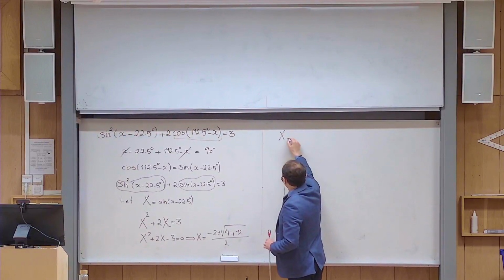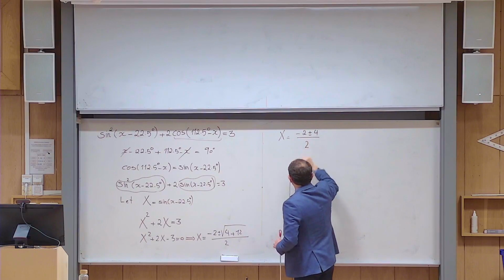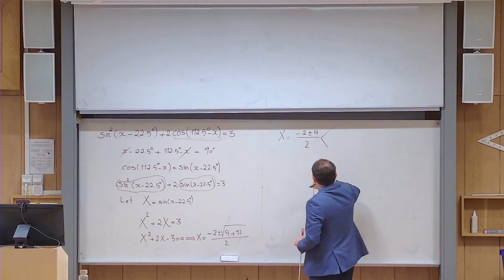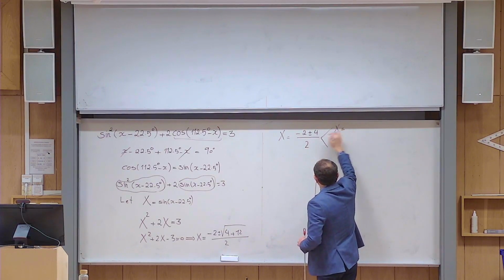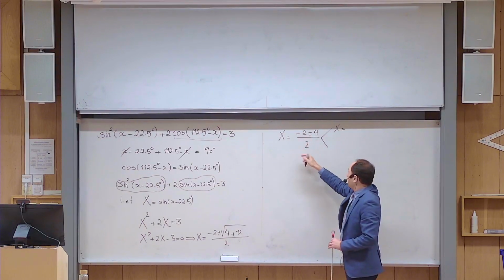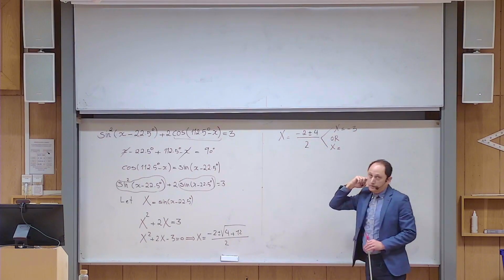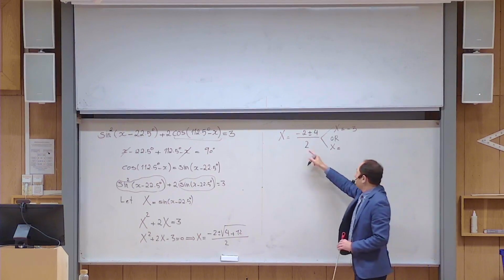So this means that x is equal to minus 2 plus or minus 4 divided by 2. Then I will have two possibilities. If I consider the negative sign, minus 2 minus 4 is minus 6 divided by 2 is minus 3, or x is equal to minus 2 plus 4 is 2, 2 divided by 2 is 1.